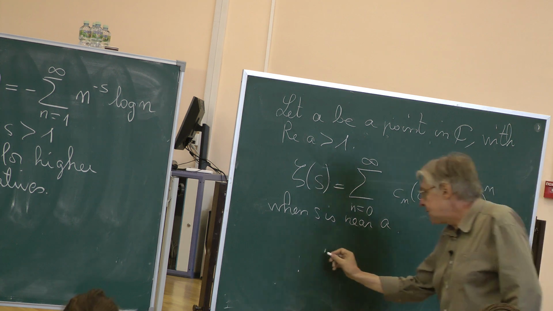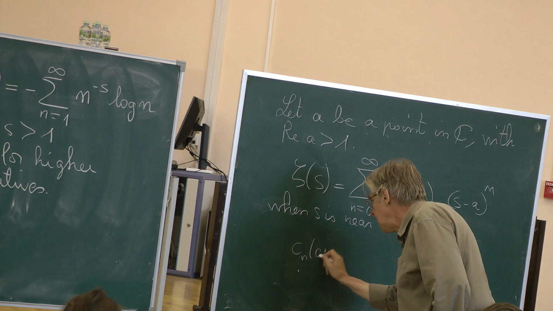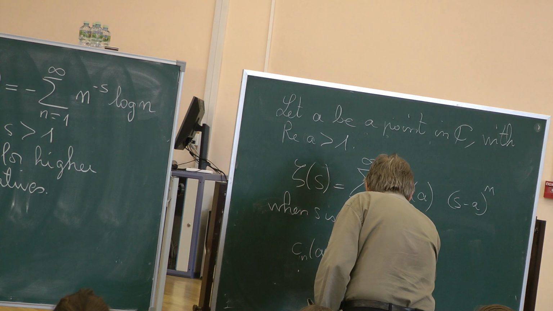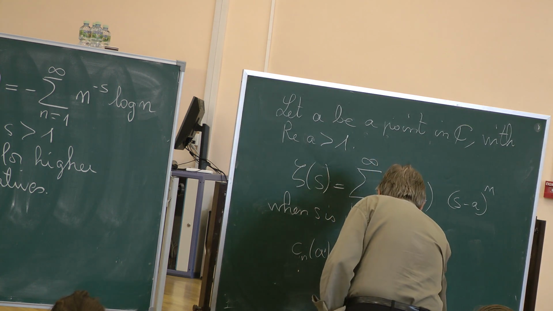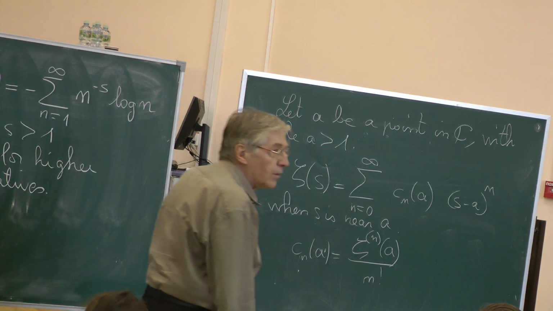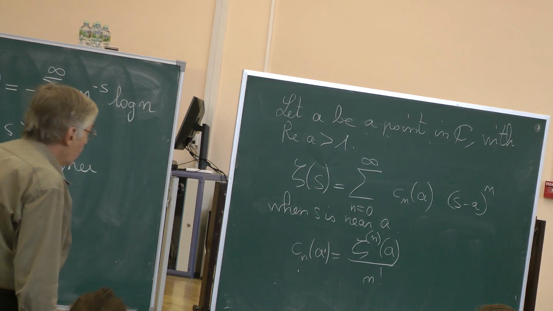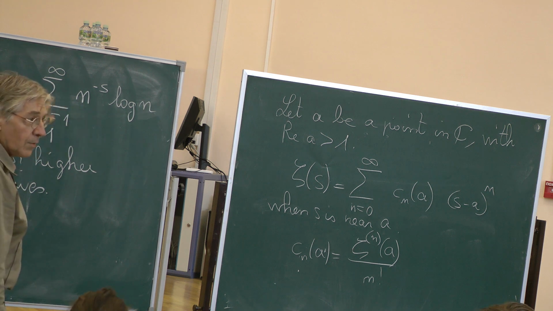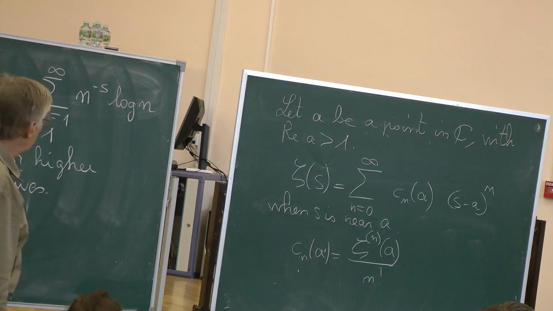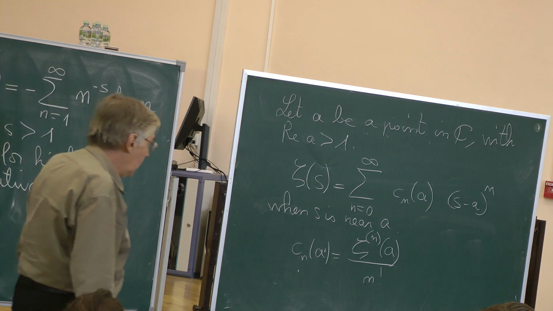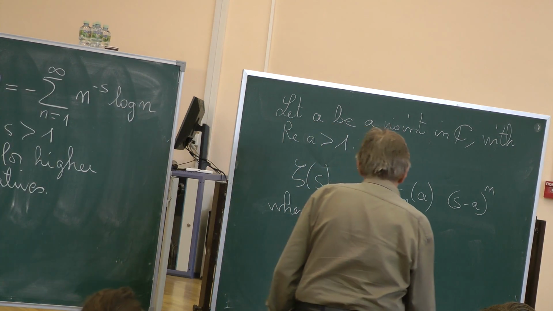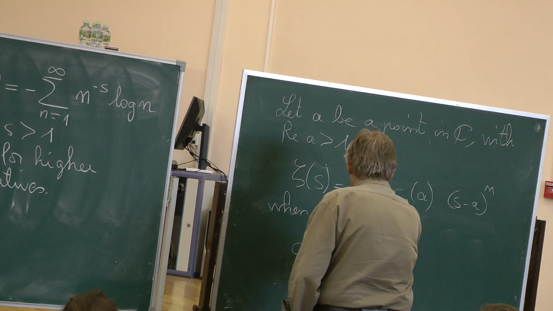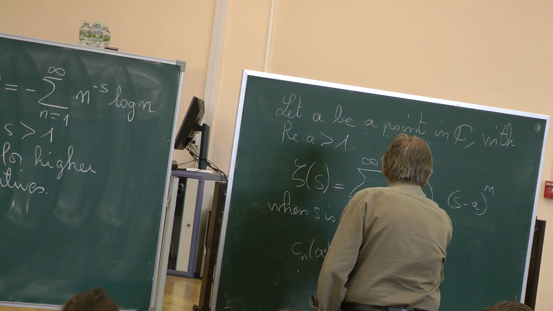In fact, what is this coefficient C_n of a? It is nothing else than the nth derivative of zeta at a divided by n factorial. And now, the nth derivative of zeta at a, I can compute by using this method, which I repeat n times. Perhaps the n is not very clever, because otherwise I also have a summation with n, so let me call this k.